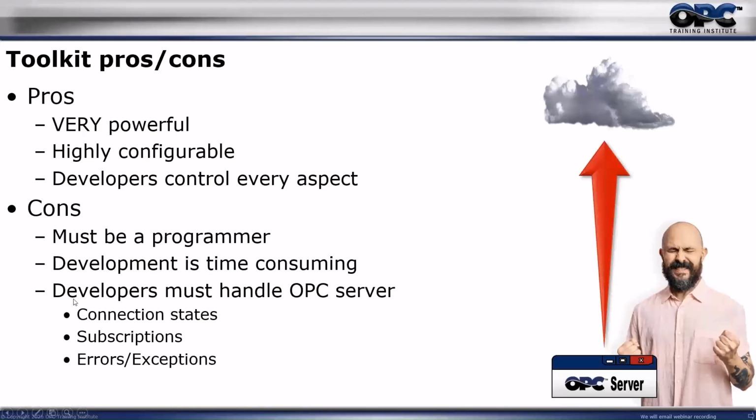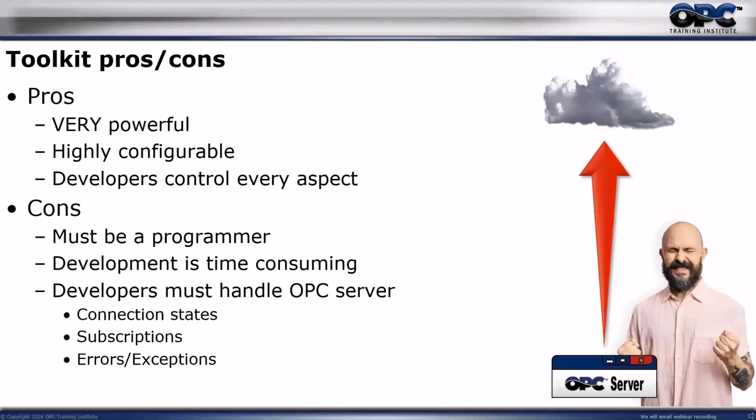And very importantly, the developers must handle OPC server connection states. Are you connected or are you not? Are you subscribed or are you not? What are the errors and the exceptions? Very high level. It seems very easy. But I can't read data until I connect to my OPC server. And I have to monitor my connection. Am I connected?